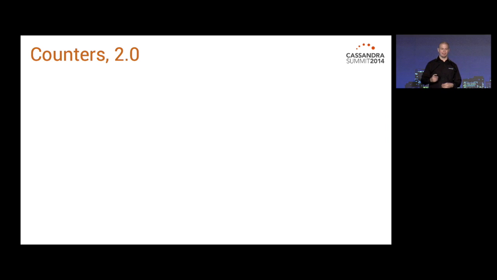The last category I wanted to talk about for 2.1 is operations and improvements we've made for operations. So counters has been a bit of a messy place for Cassandra users. And the core of that messiness is how the counters were implemented under the hood.